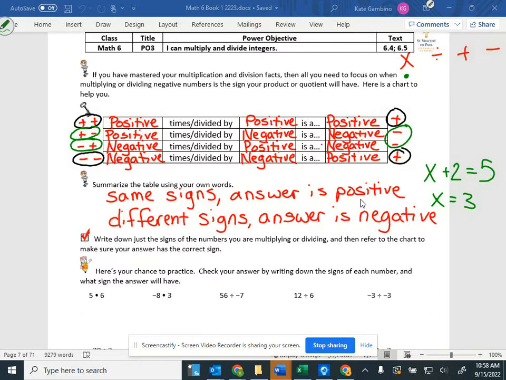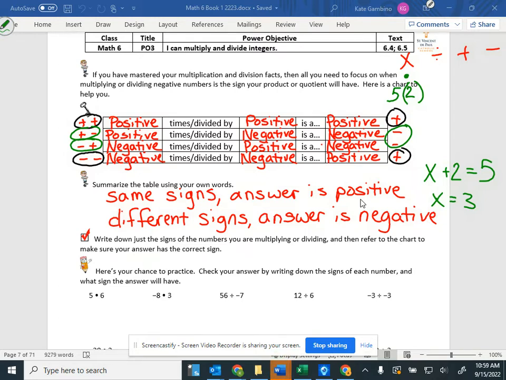When we have parentheses, there's no operation in between our number and our parentheses. It means that we multiply.